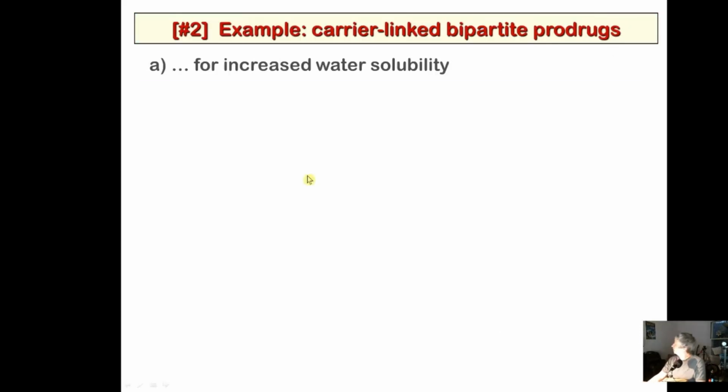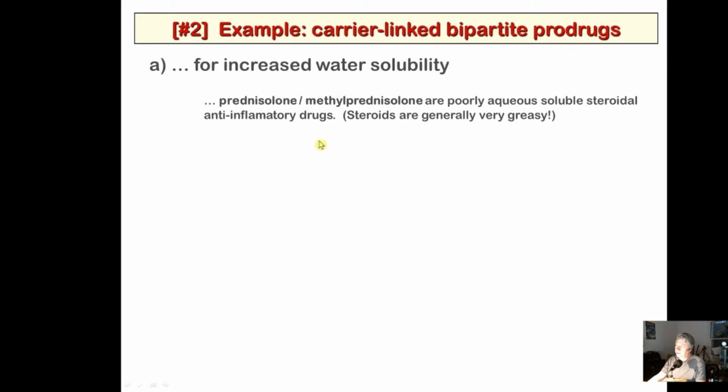Okay, so increased water solubility we'll talk about first. A good example for water solubility is the case of prednisolone and methylprednisolone. These are not the same as prednisone, but they are steroidal anti-inflammatory drugs.